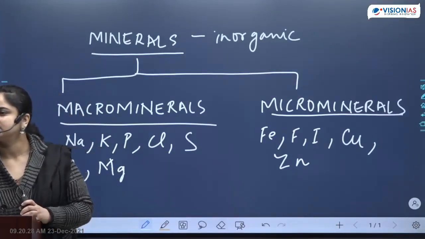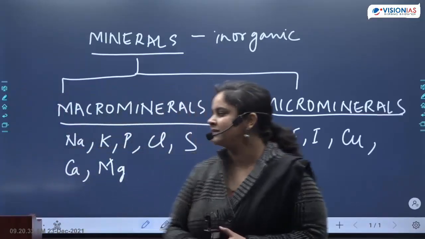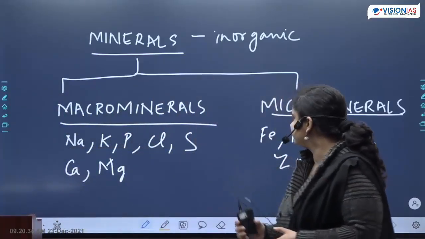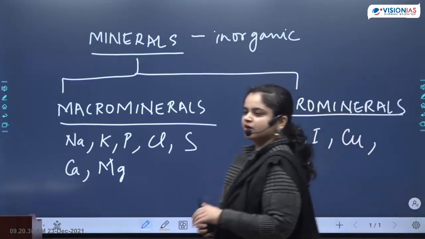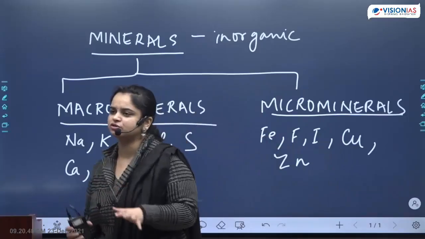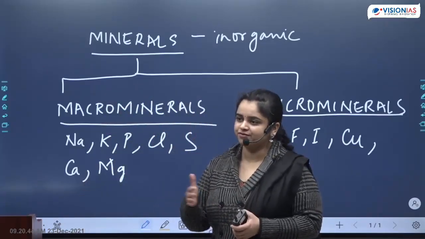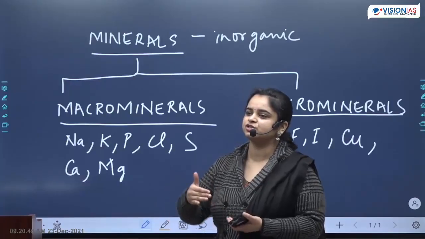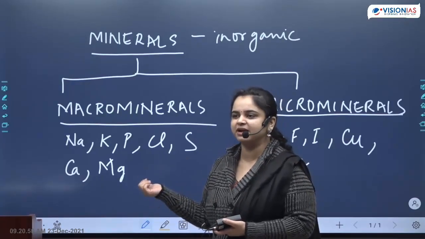Now let's go to our micro minerals. Yes. See, most of these minerals can be dissolved in water and removed from the body when they are in excess, in most situations. However, if that cannot happen, or if it is beyond the level which the kidneys can eliminate, we will have some negative effects.